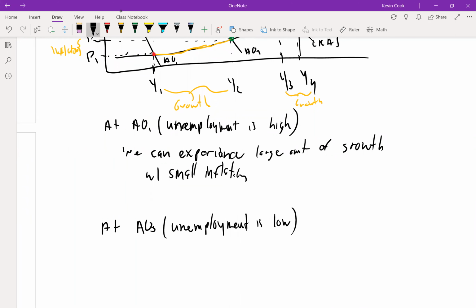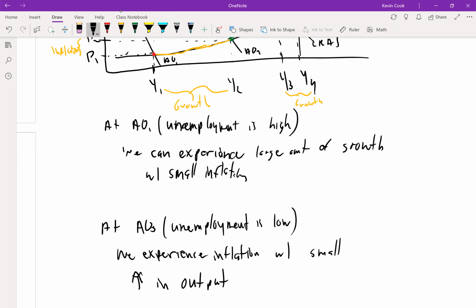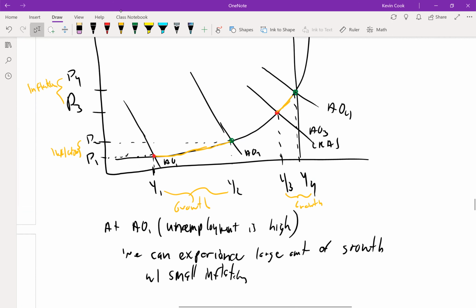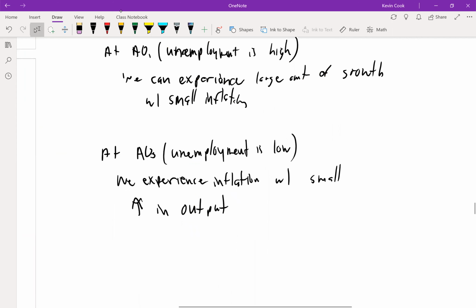So at 83, we experience inflation with just a small increase in output. And again, this isn't necessarily where we want to be, just because we're going to increase this aggregate demand, put out this extra policy, but now inflation is going to become a concern.